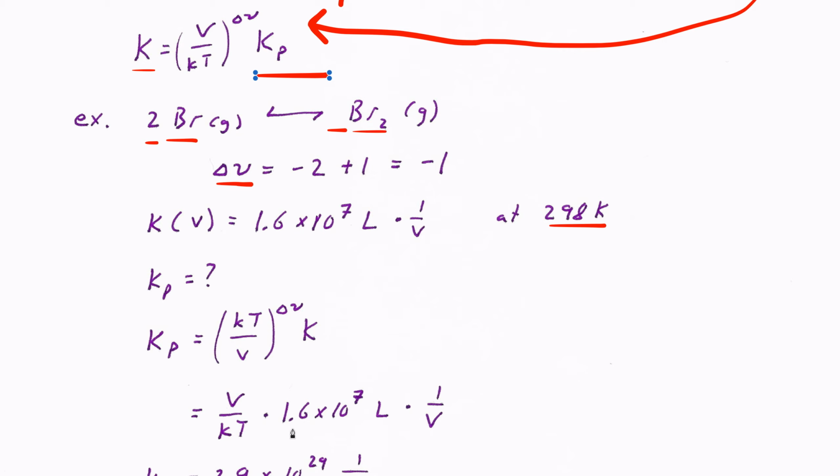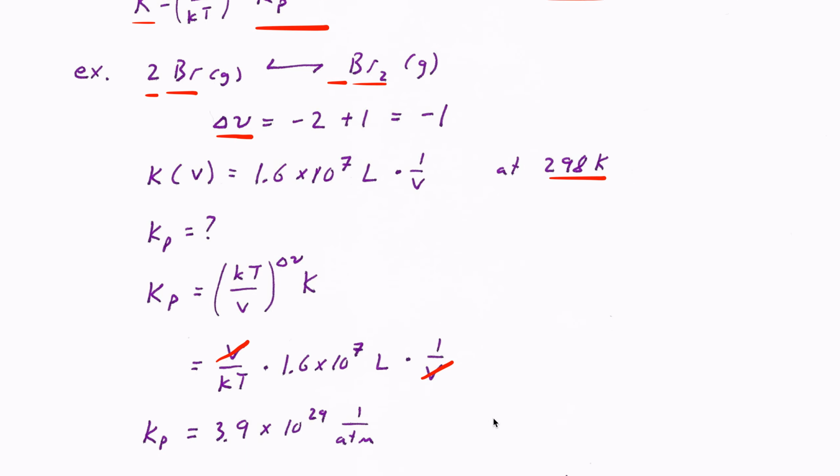The K value that we know is 1.6 times 10 to the 7th liters times 1 over V, and now look what's happened. The V in the conversion cancels the V dependence of the equilibrium constant, and I can plug in these known values of the equilibrium constant, K, and T. It turns out now that Kp does not depend on volume.